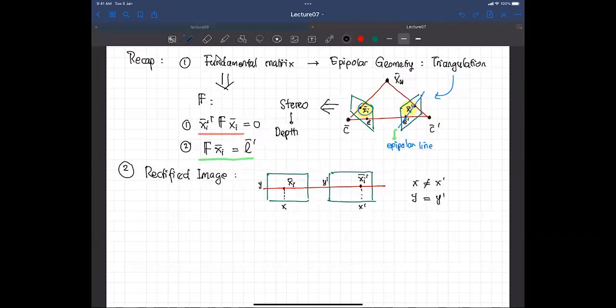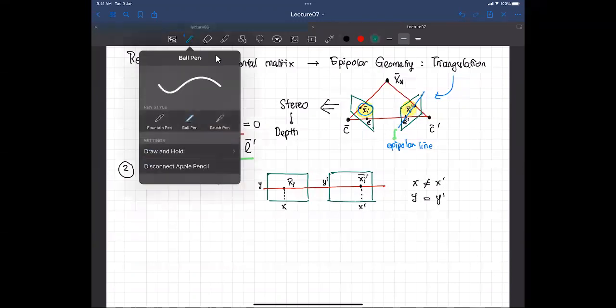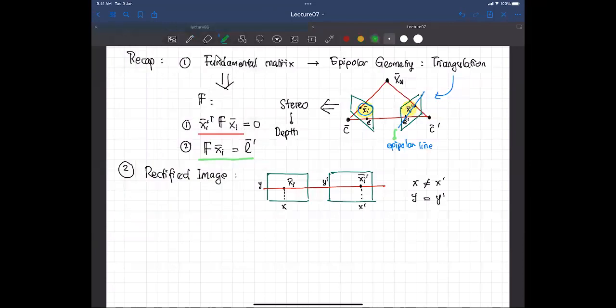This is the special condition of a rectified image. In other words, this red line and the blue line are the same thing. If we know the fundamental matrix, we can rectify any images.